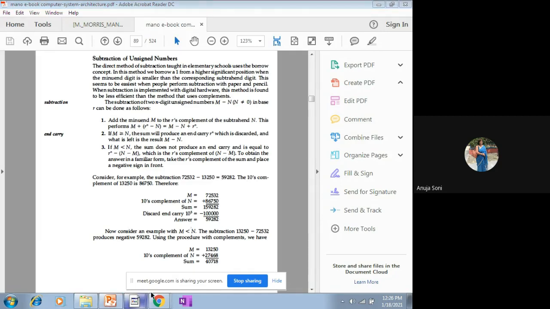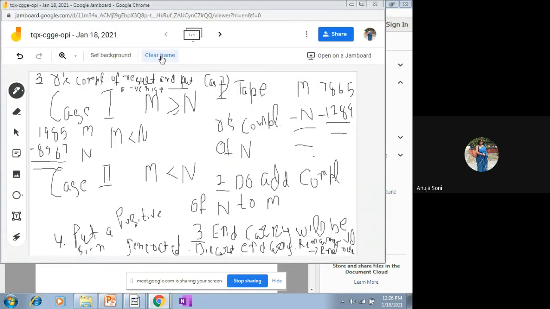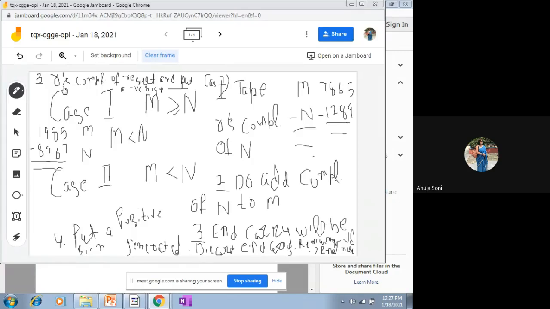I'm writing the same thing again using my whiteboard to better illustrate the concept. I'm not able to clear the frame, so let me try again.